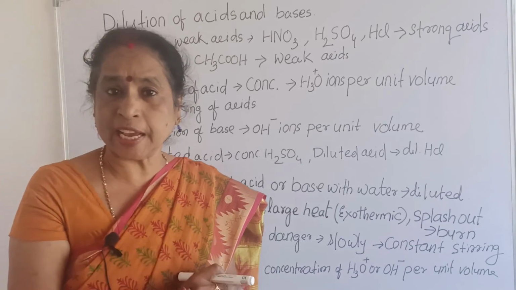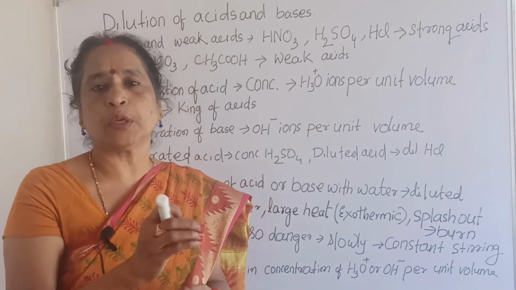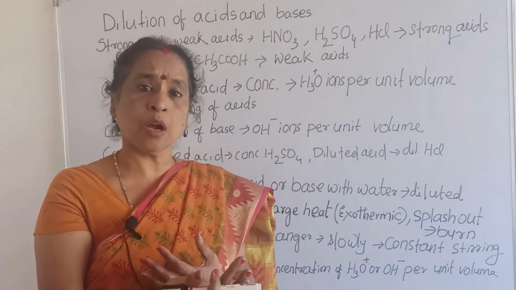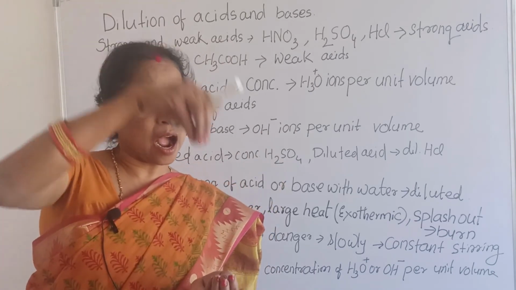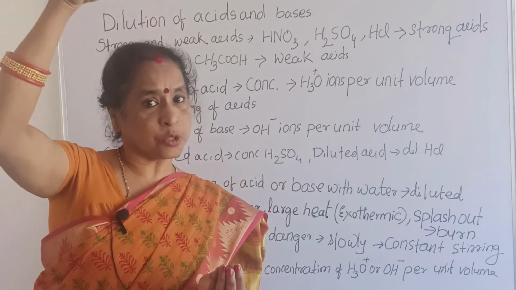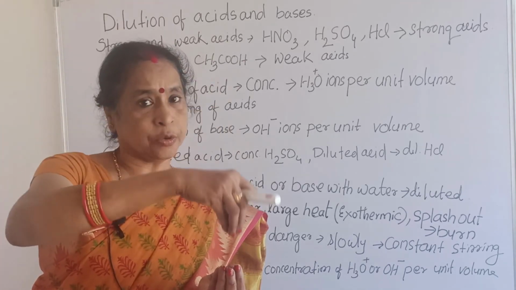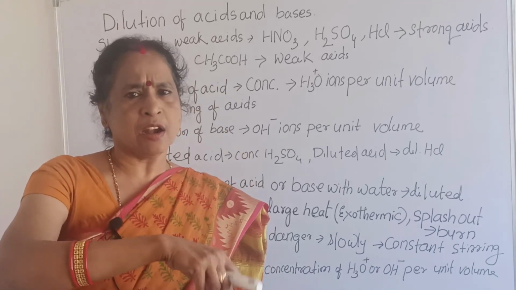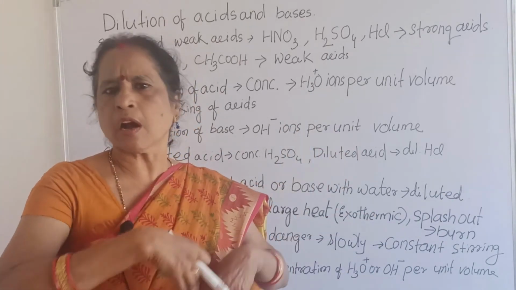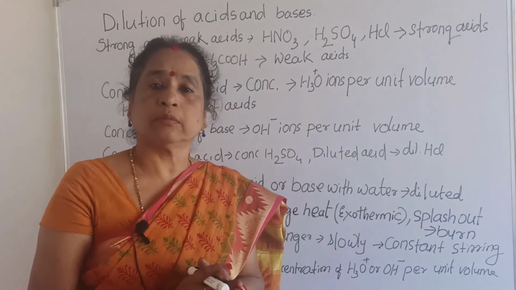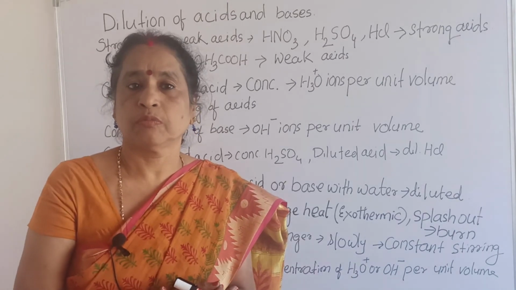What is an exothermic reaction? Where heat is produced. It splashes out, because you are taking acid and adding water. Water comes drop by drop and is added to acid, and immediately a large amount of heat is produced and it splashes out. That mixture will come out and burn our skin also.